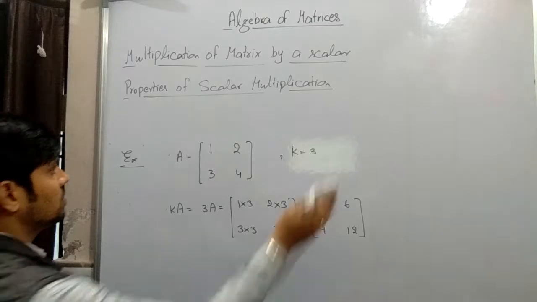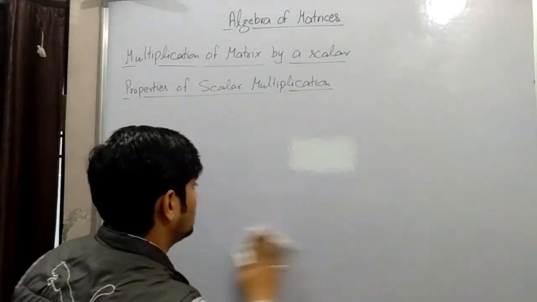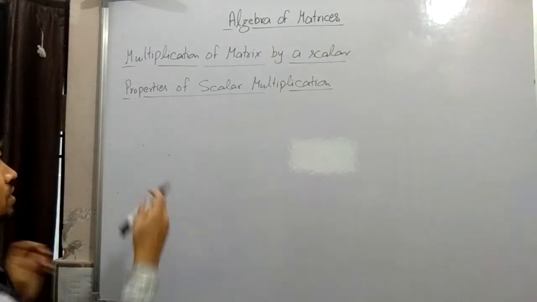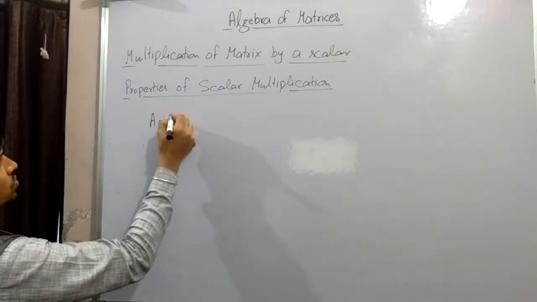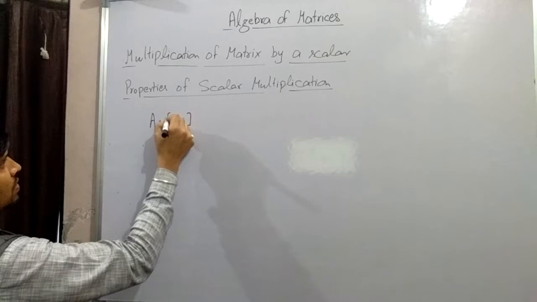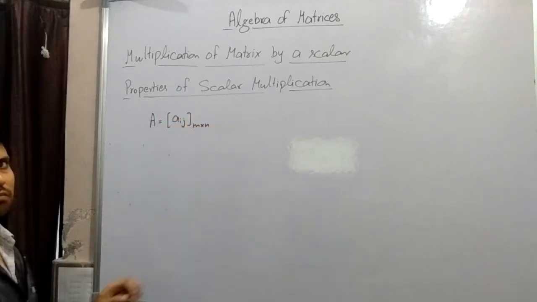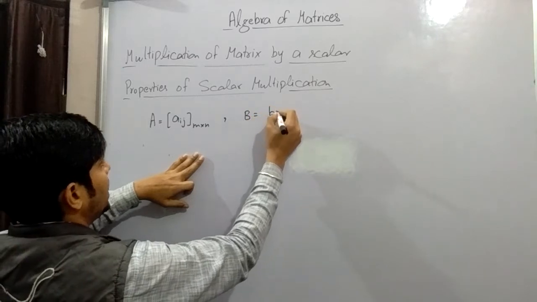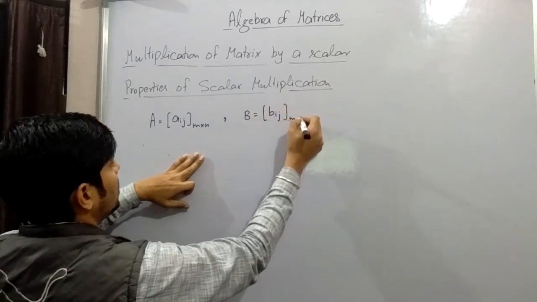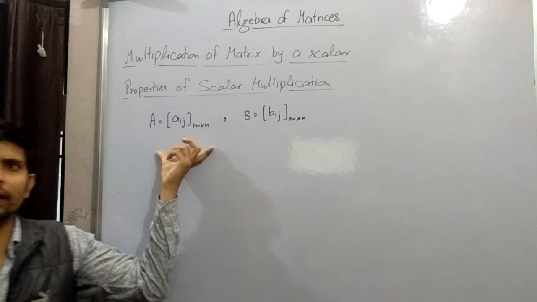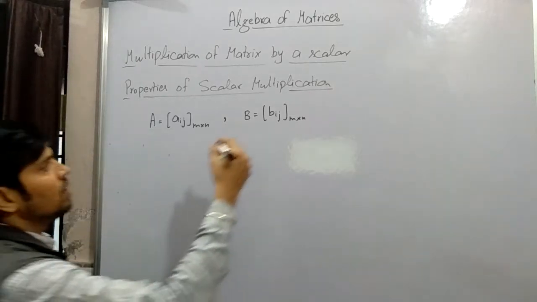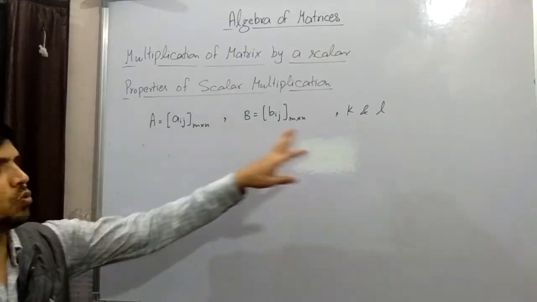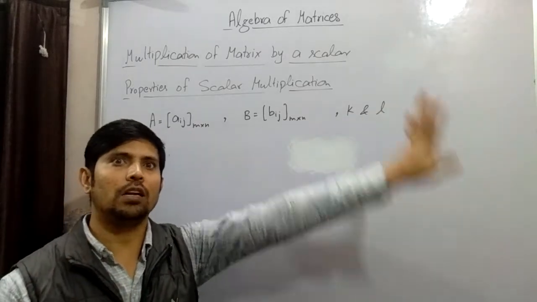Let us suppose again we have matrices A and B. A equals Aij, the order is m cross n. Whatever the order you can take, B is Bij, and the order is again m cross n. We have two matrices, and let us suppose K and L are two scalars.